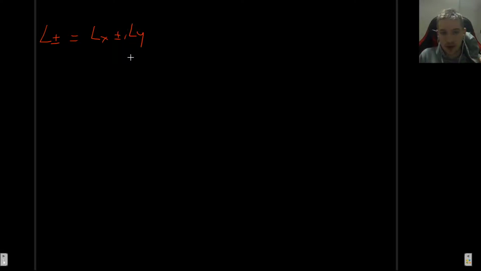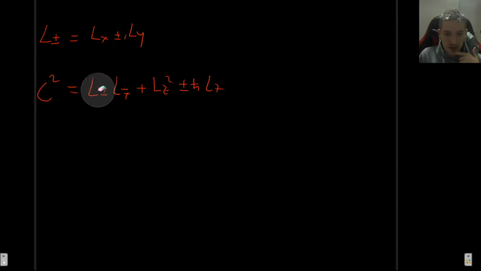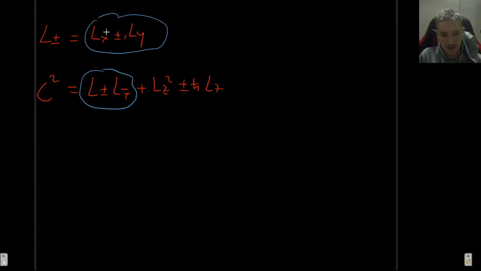And we know that we can write the L squared operator in terms of some product of L plus minus and L minus plus. I don't know it by memory, but it was something like this, plus Lz squared, and then it was like plus or minus h bar Lz. It might not be entirely correct with the signs, but that was the form. So we want to find what this is, and in order for that, we needed Lx and Ly. So we already found that.